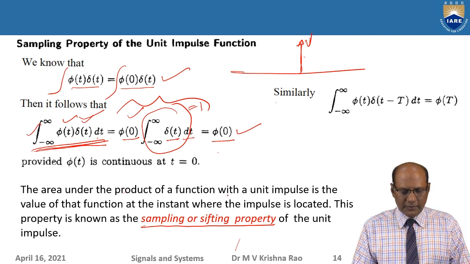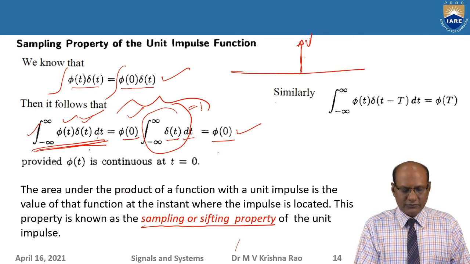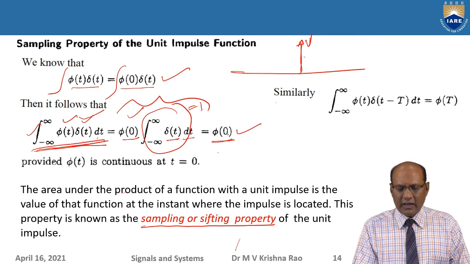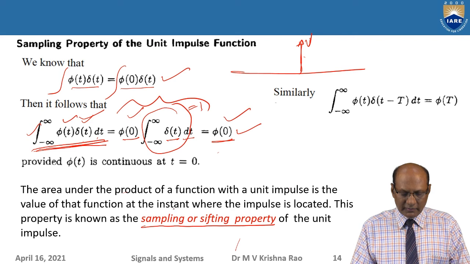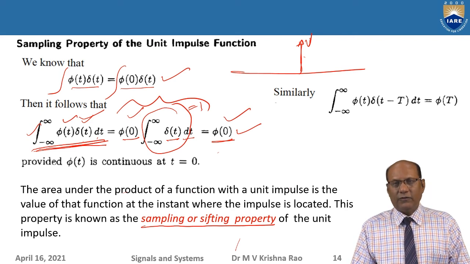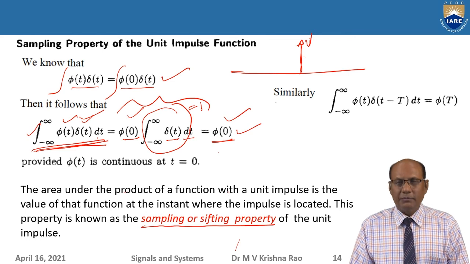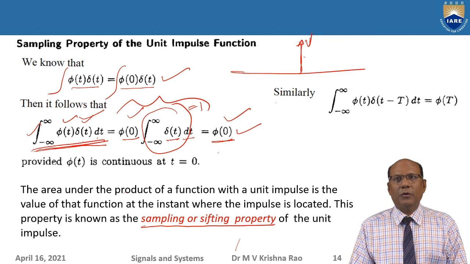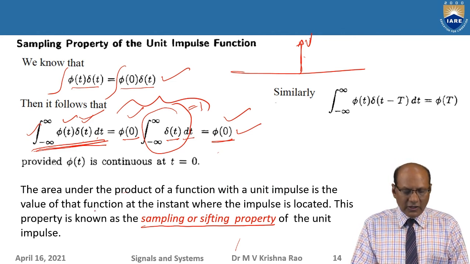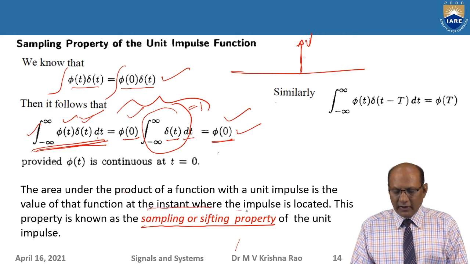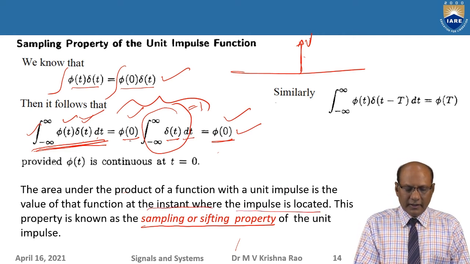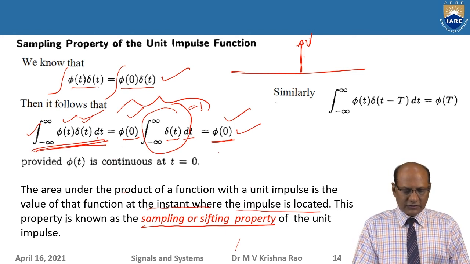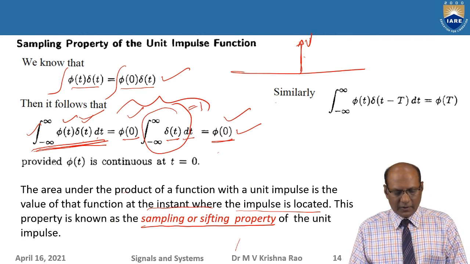I am again reading it: the area under the product of a function with a unit impulse is the value of that function at the instant where the impulse is located. Here at t equal to 0 the impulse is located, that is why I am taking phi of 0. This property is known as the sampling or shifting property of the unit impulse.